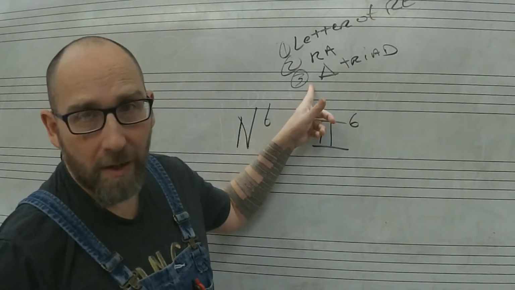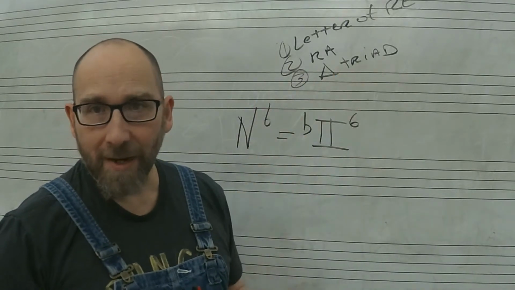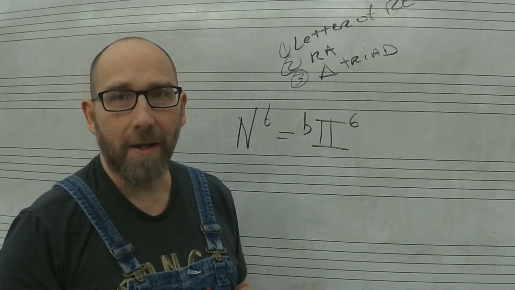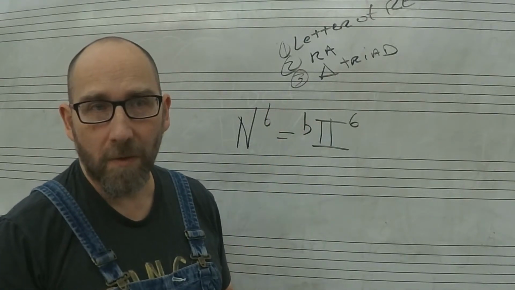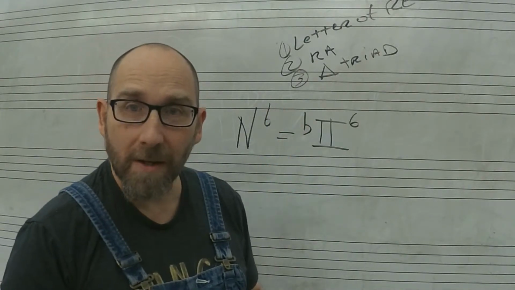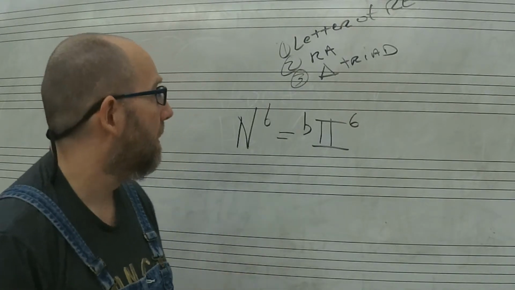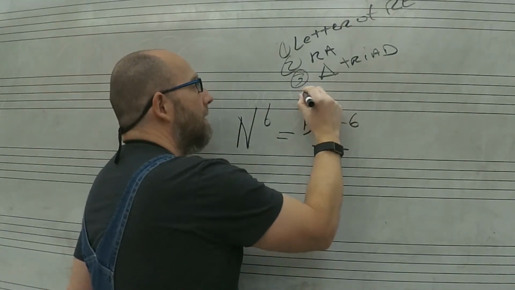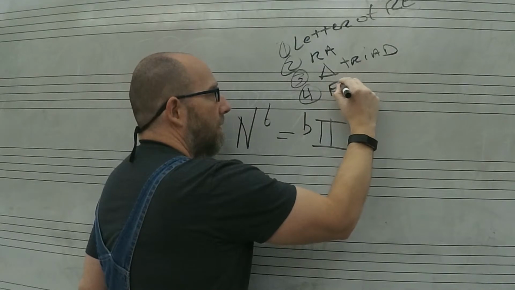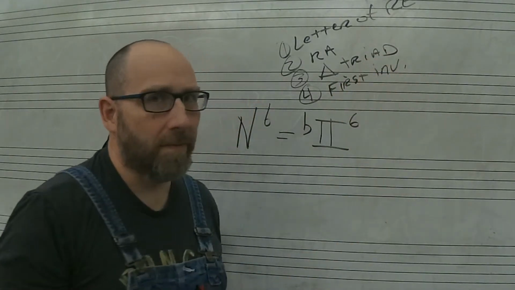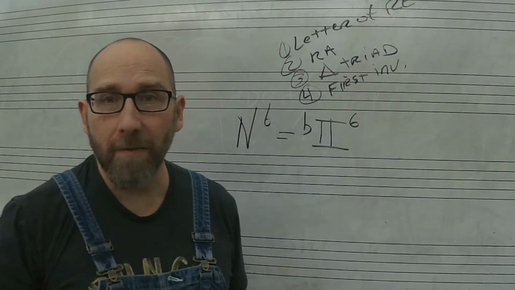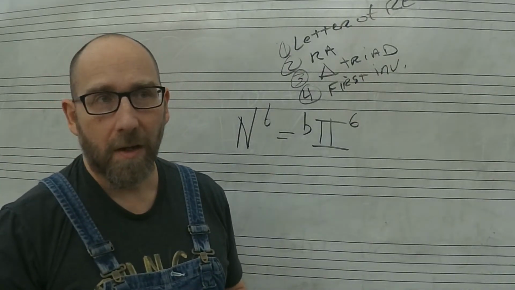Once you get to step 3, it's a major triad. F, A, C is the F major triad, and that is the chord that you're going to use for your Neapolitan sixth chord in the key of E, major or minor. Last step is the 6, first inversion. That just means you put the third of the chord on the bottom.